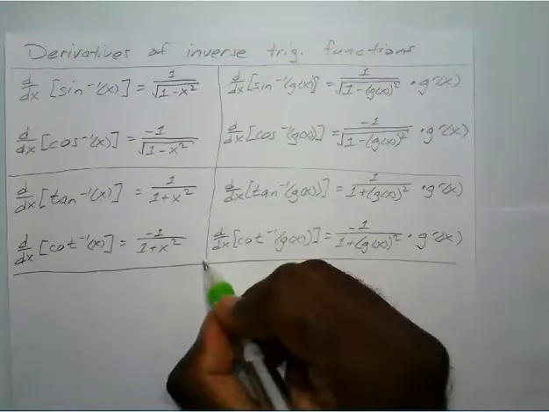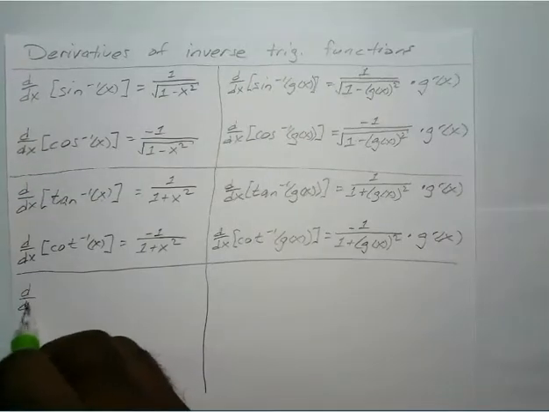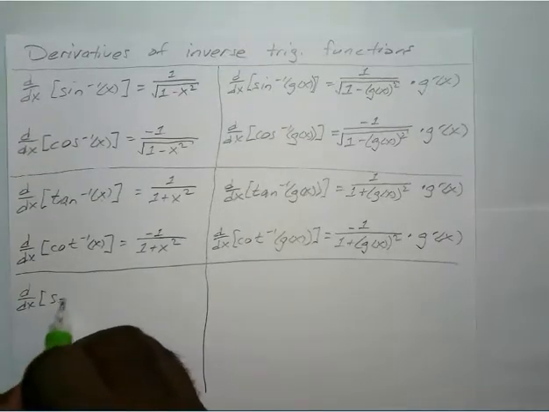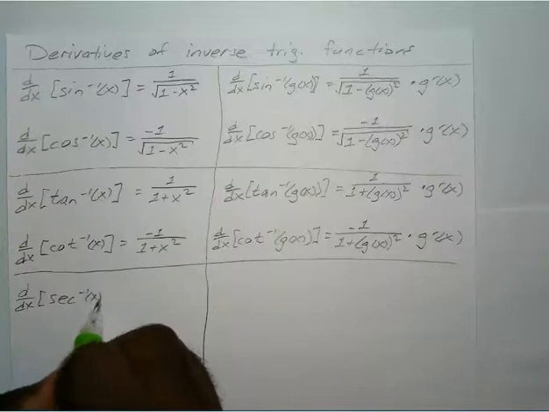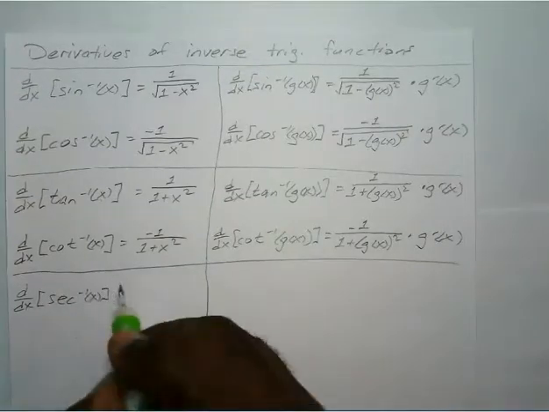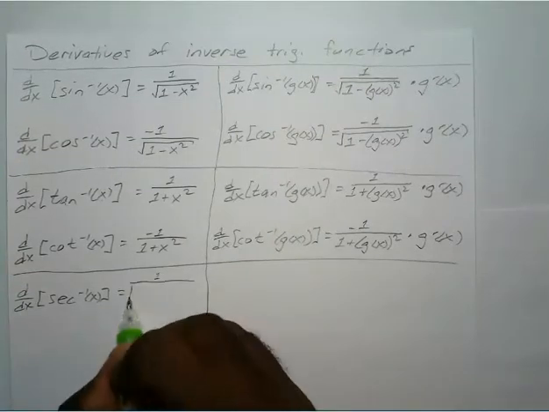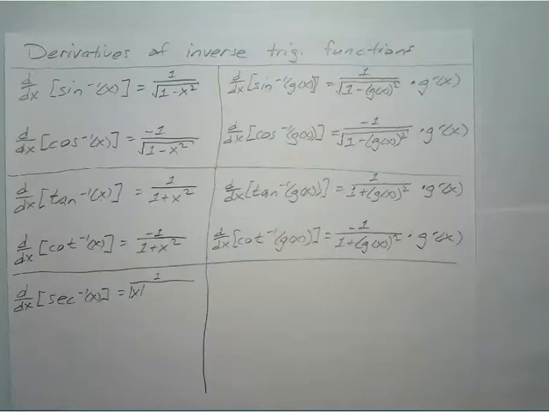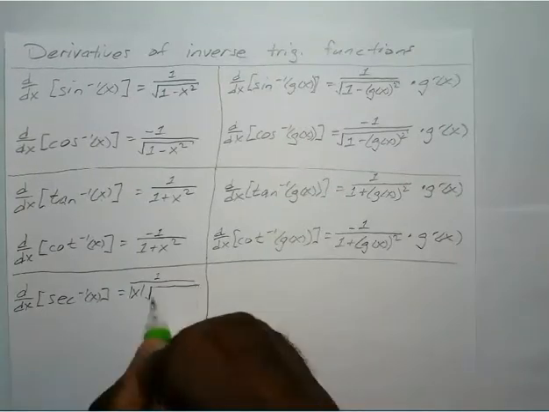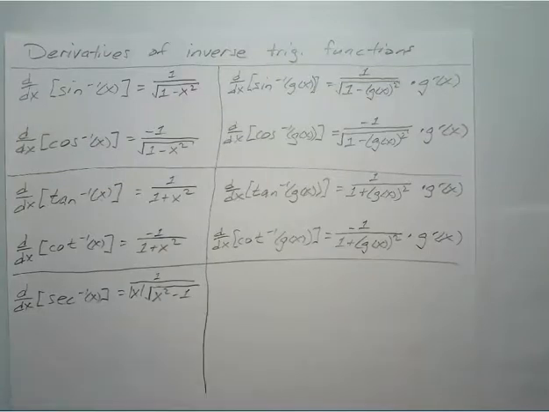Alright, so let's look at the derivative of secant inverse of x. Okay, so that's going to equal 1 over the absolute value of x times the square root of x squared minus 1.